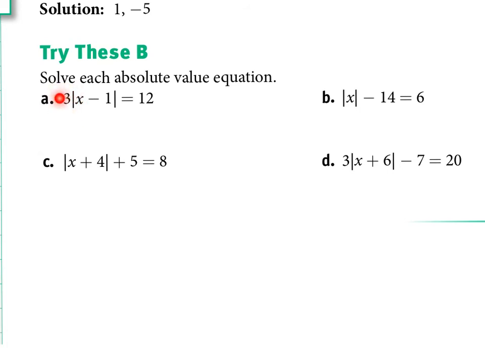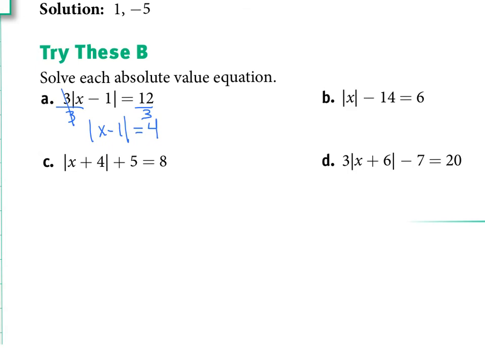Okay, we got to get rid of this 3. You cannot do anything with this absolute value until that 3 is gone. Since it's being multiplied, I'm going to divide by 3 and then divide the other side by 3. These will cancel, so now I'm left with the absolute value of x minus 1 equals 4. And you can solve it from there.